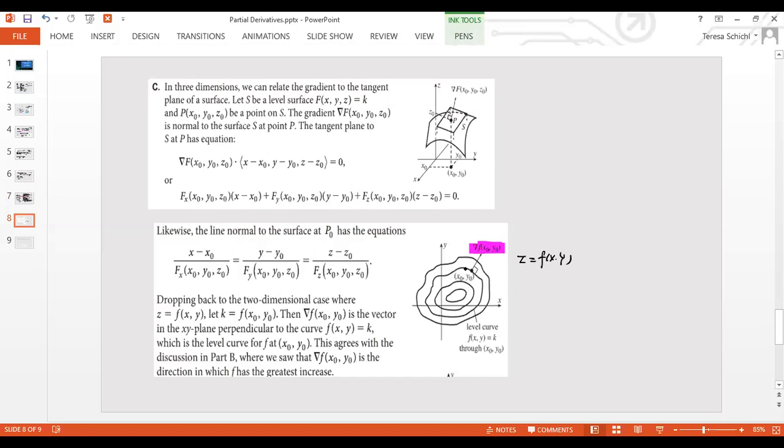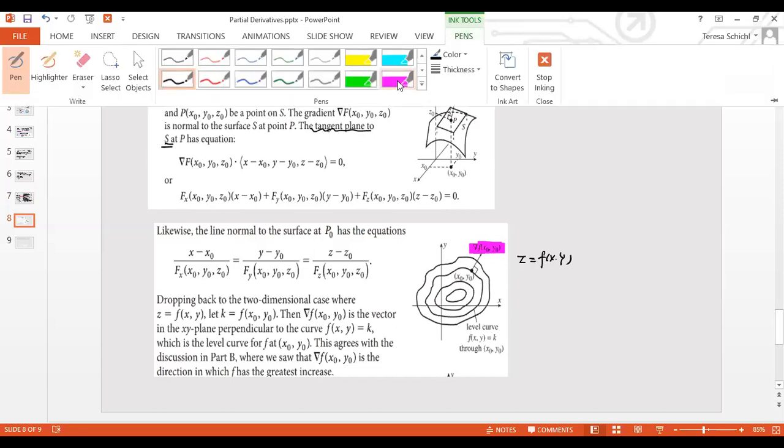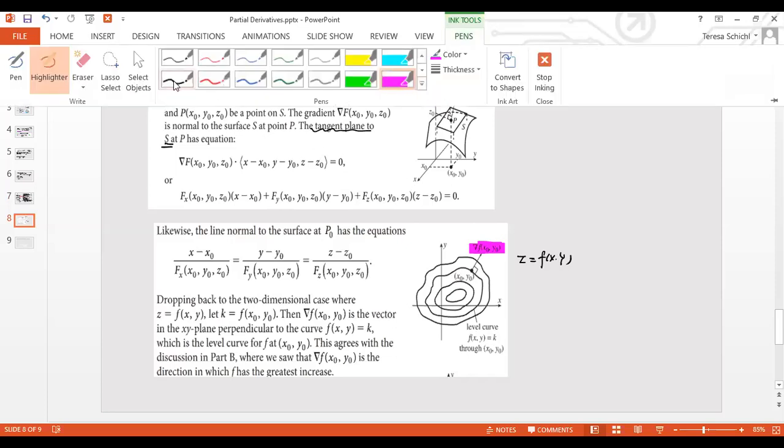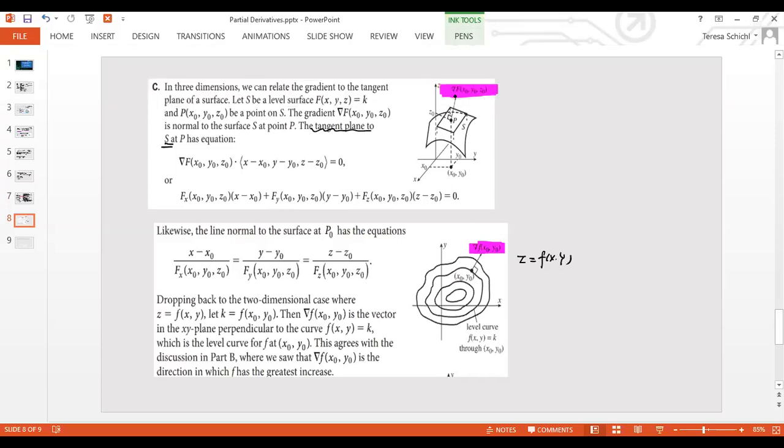The same way here, the tangent plane of S at P has this equation. This is your gradient vector, and it is perpendicular to S, the level surface.